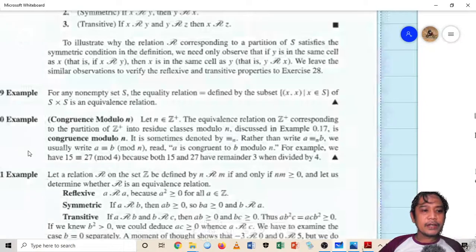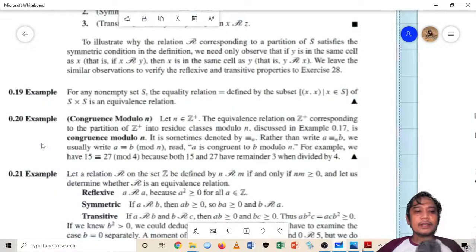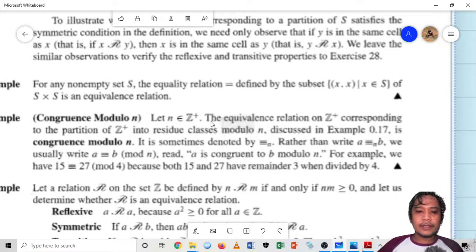Okay, so we have here another example. We define the relation called congruence modulo n. Let n be a positive integer. The equivalence relation on Z plus corresponding to the partition of Z plus into residue classes modulo n, which we discussed in the preceding example, is what we call congruence modulo n, sometimes denoted by this symbol, 3 bars with a subscript n.